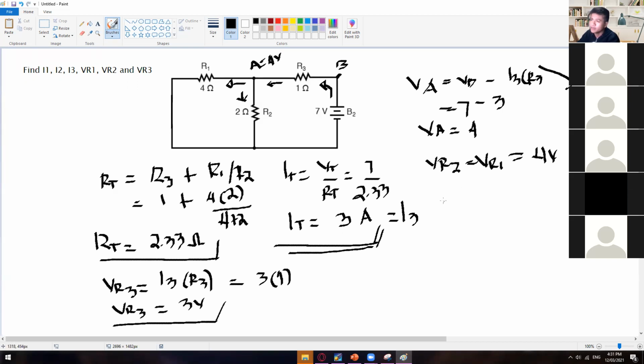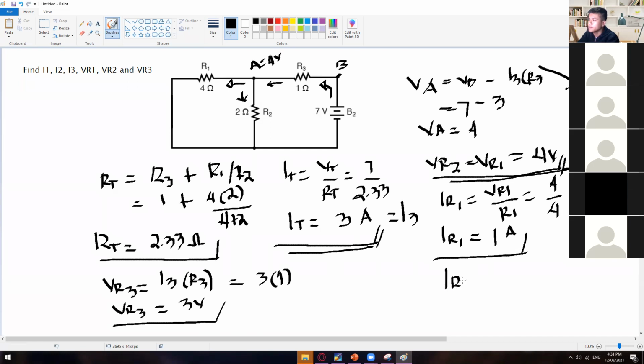And for the IR1 and IR2. Okay, IR1 first. So VR1 divided by R1. So VR1 is 4 volts, and then R1 is 4 ohms. So IR1 is equal to 1 amp.